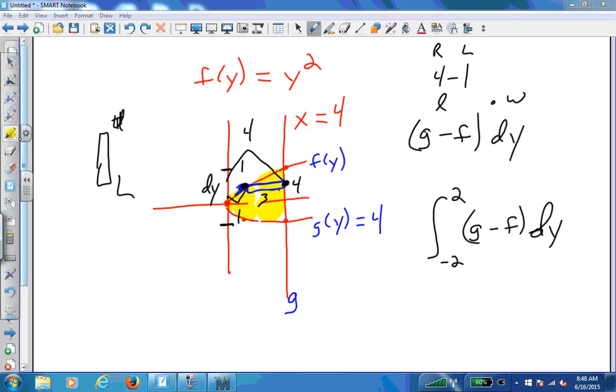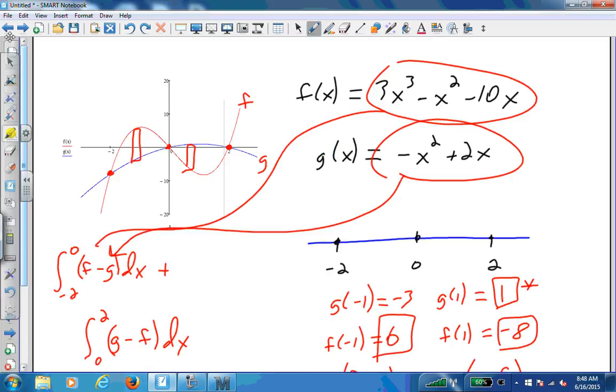So one thing to note, if this is dy, then these are y values. So this is the lower y value, this is the upper y value. When we integrated this way, we were doing dx, so these were x values. So this is the left x, this is the right x. For the next interval, this is the left x, this is the right x.